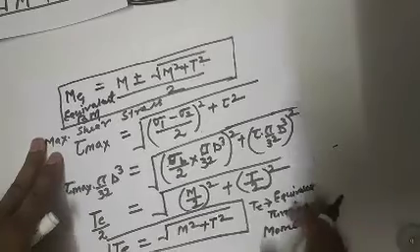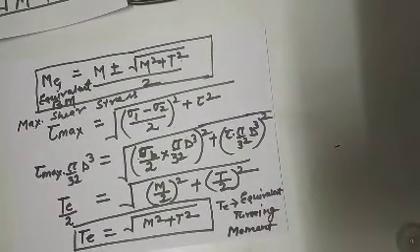Right? So during combined bending and torsion, we calculate the equivalent bending moment and equivalent turning moment set up in the shaft due to the bending moment and torsion applied on the shaft. This is all about the combined effect of bending and torsion.